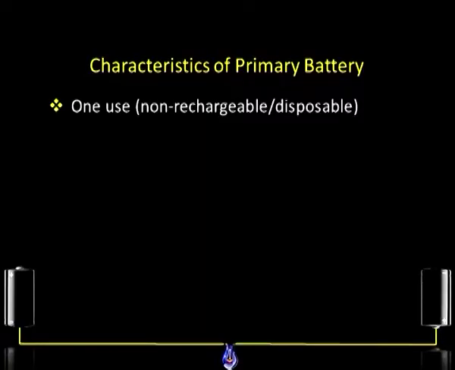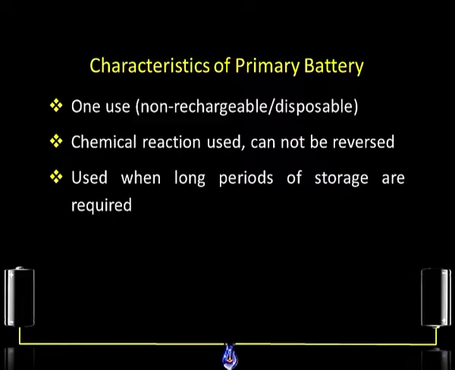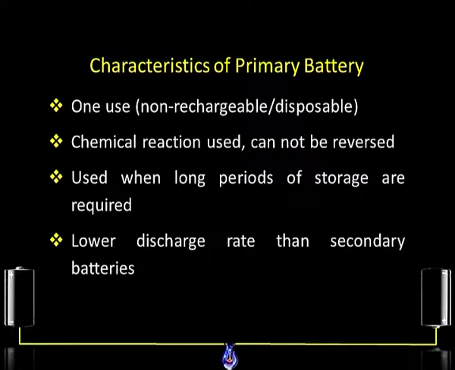It is non-rechargeable, as I have already told, and disposable. Once the chemical reaction is used up in the particular battery, it can never be reversed in primary batteries, whereas it can be reversed in secondary batteries, as we will discuss in the later slides. For a longer period of storage, we generally prefer primary batteries, and it also has a lower discharge rate as compared to other types of batteries.